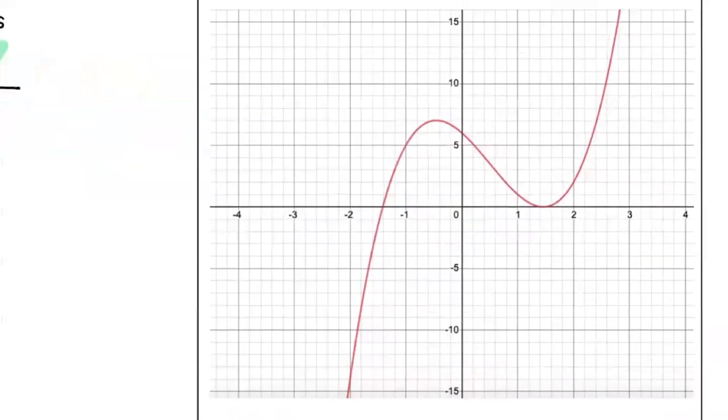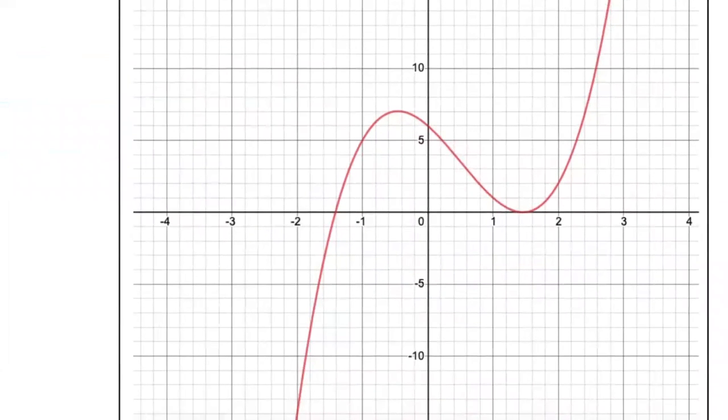So 1/2 would be -3/2 here. I'm not sure that we see a 1/2 there. So a -3/2, that would be maybe here. It looks kind of close, but I don't know if that's exactly right on -3/2.